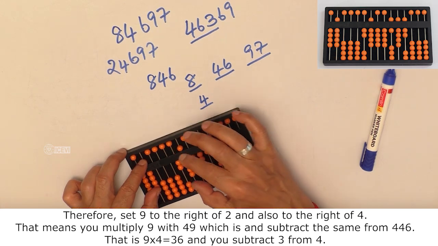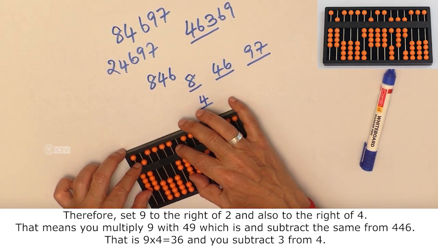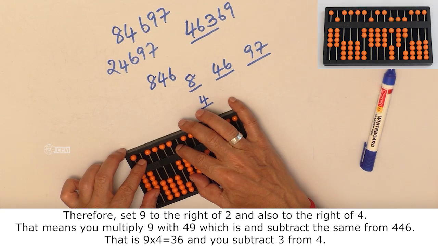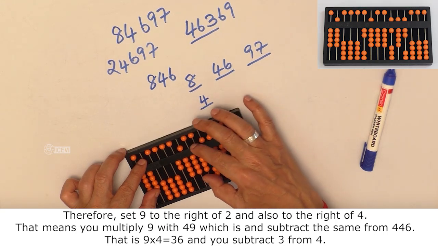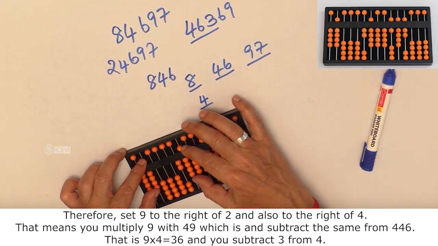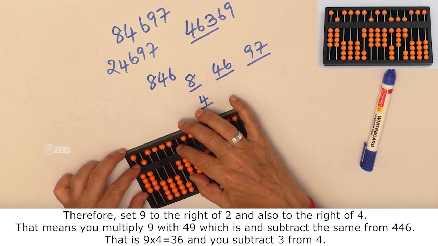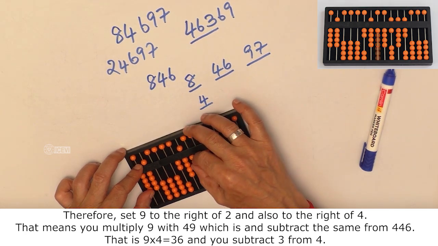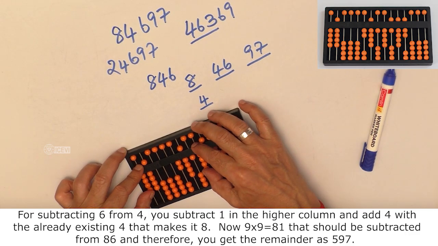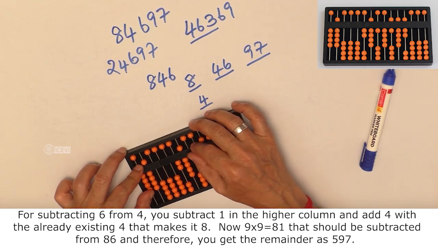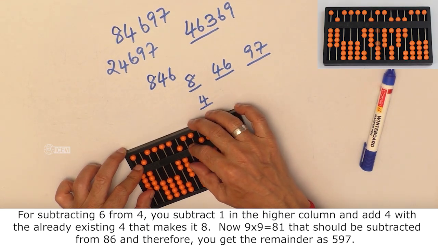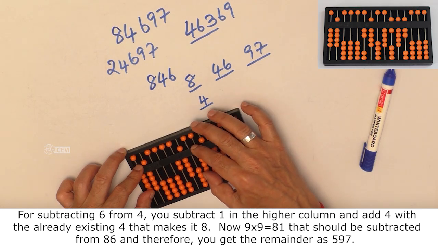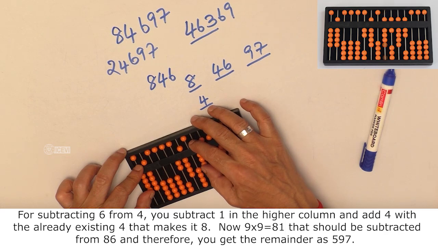That is, multiply 9 with 49 and subtract the same from 446. That is, 9 multiplied by 4, that is 36, and you should subtract 3 from 4, and for subtracting 6 from 4, you subtract 1 in the higher column, add 4 with the already existing 4, that makes it 8.